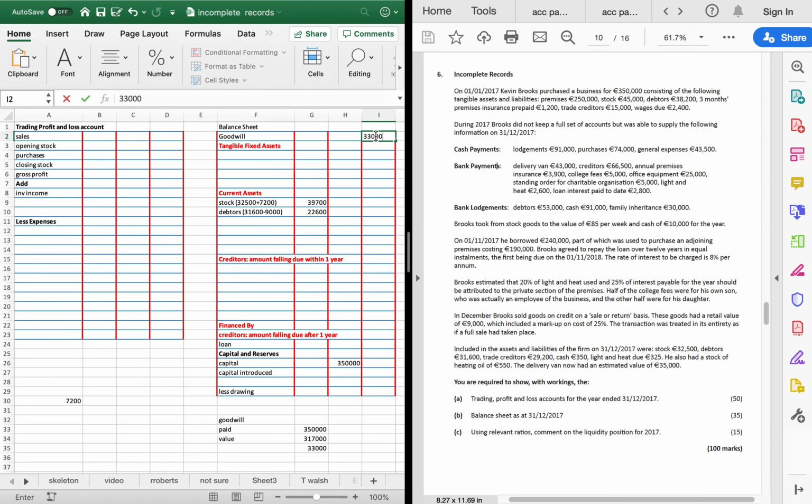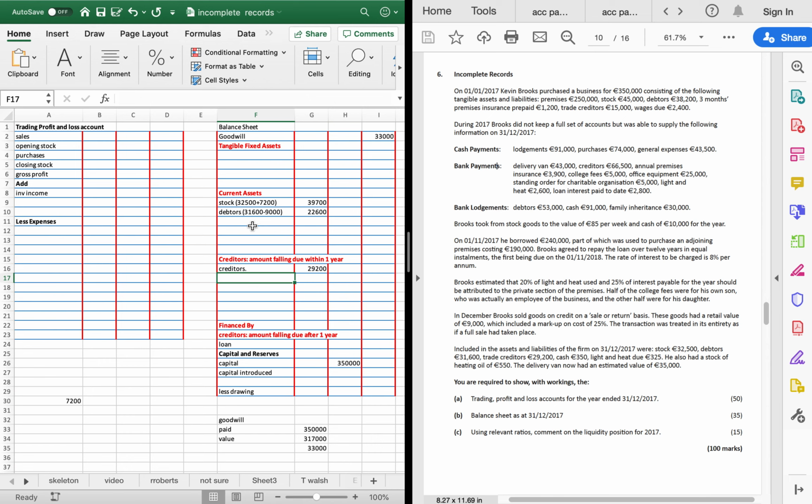Now, just for cheap marks, I would also get in the rest of my assets and liabilities from the bottom. So the stock 32.5 I've got in, debtors I've got in, creditors is a liability. So that is 29.2.